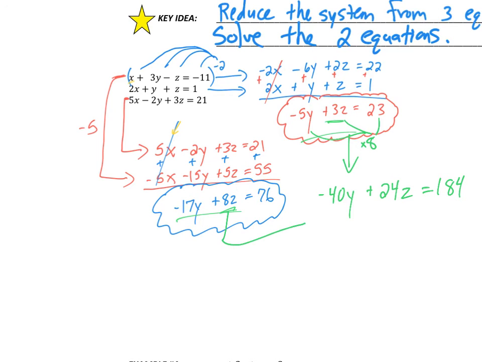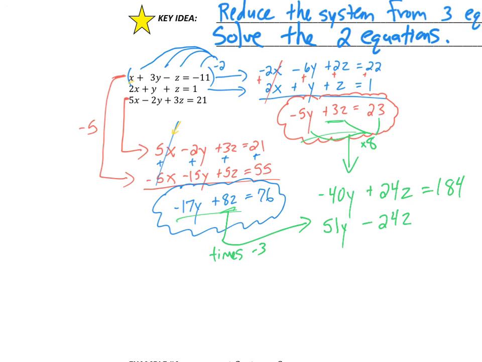Now, we want to change this one into -24 because you want to cancel out the z's. What do you have to multiply +8 by to get -24? -3. Times -3. So -17 times -3 is 51. So 51y. 8 times -3 is -24z.